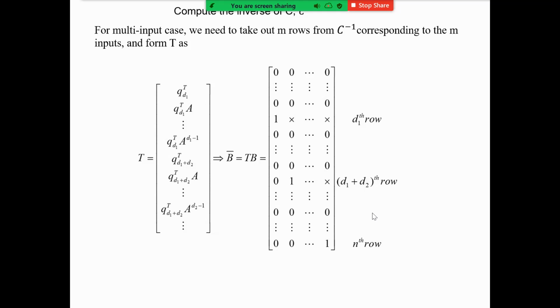In MATLAB, you are not going to get a perfect 0. It's not exact 0. It could be 10 to the minus 10, 10 to the minus 14. All those numerical calculations carry some numerical errors, and those values will be treated as 0.